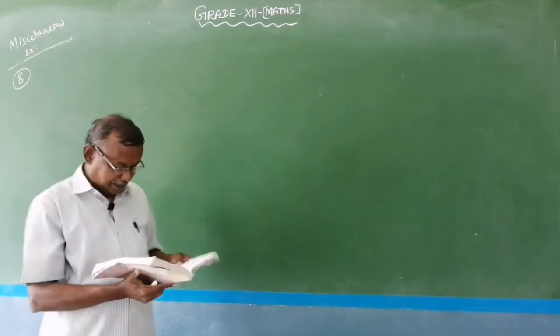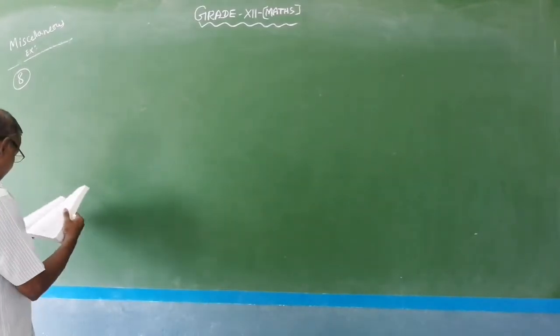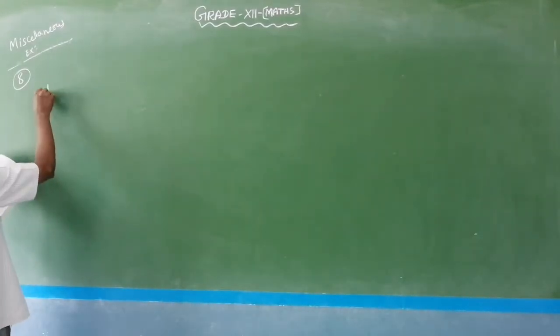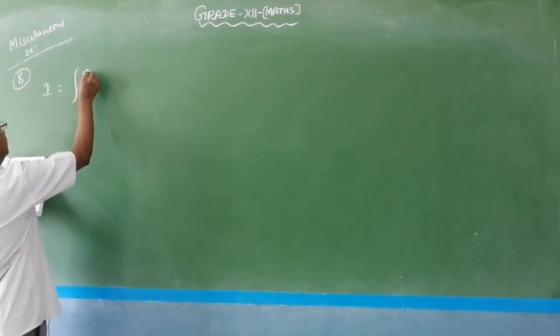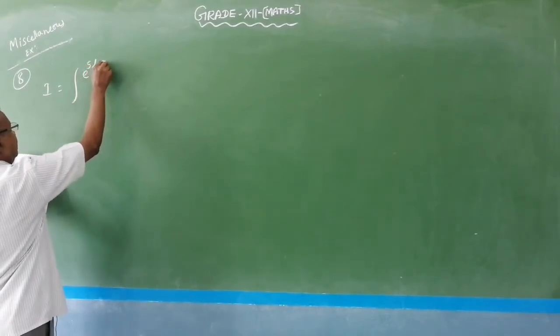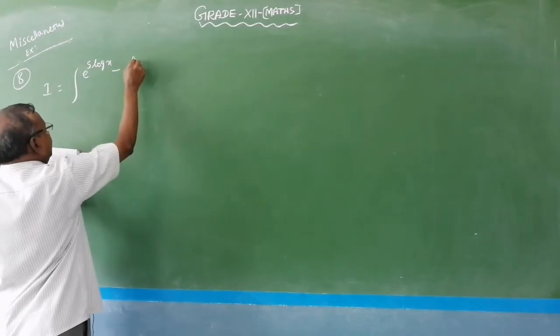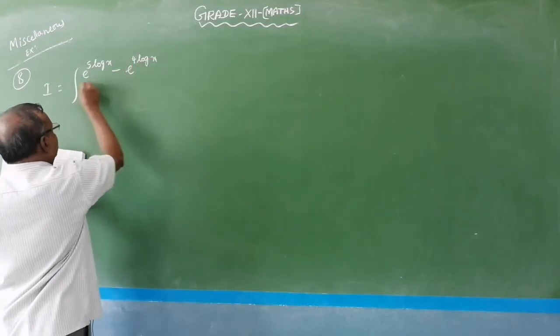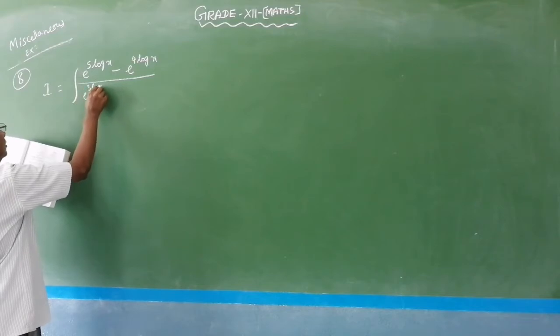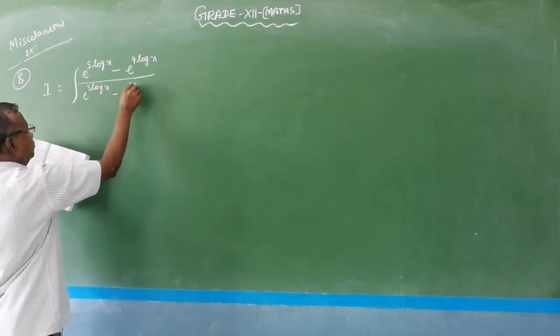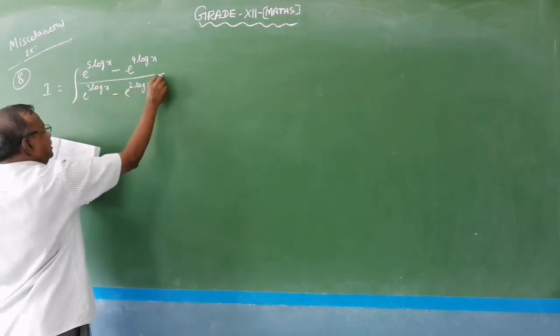Next, question number 8. We are given I equal to integral, the numerator is e power 5 log x minus e power 4 log x, divided by e power 3 log x minus e power 2 log x, into dx.